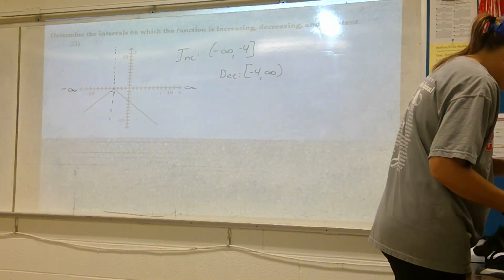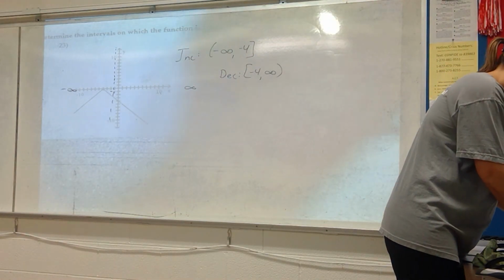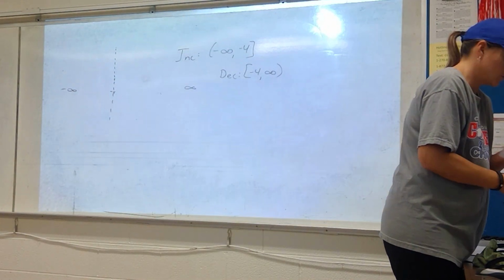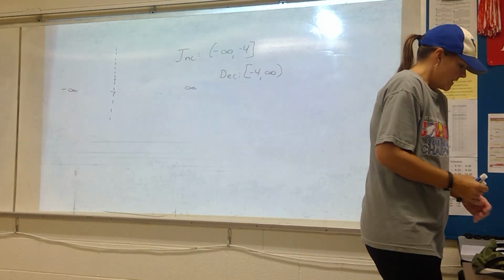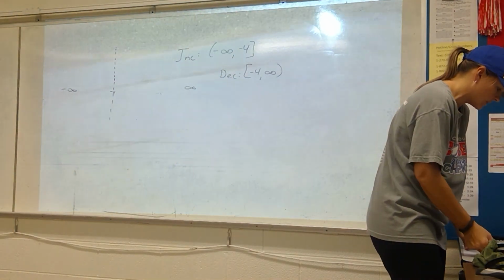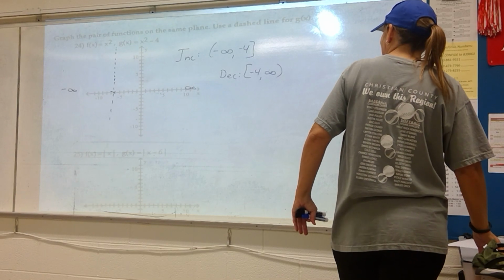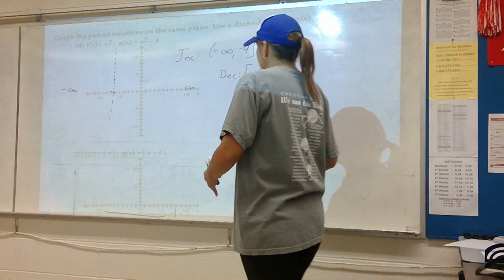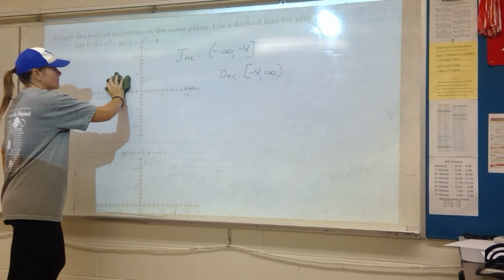Okay, number 24. Now, I'm only going to do 24 through 27, where she wants you to graph the parent function and a related function. So on number 24, she has x squared, and then she has x squared minus 4.